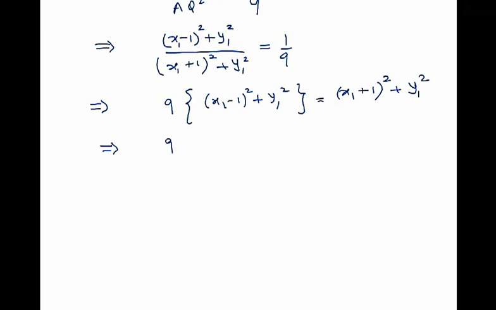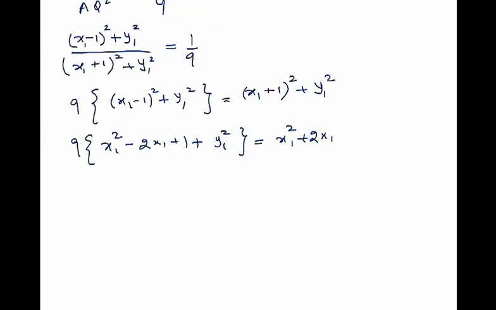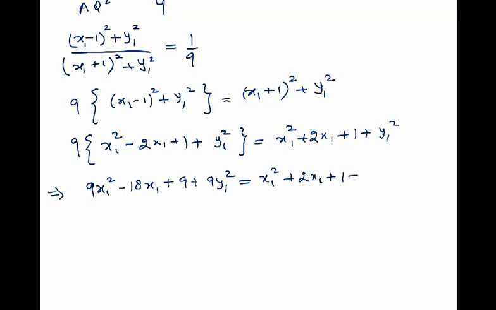Let us simplify this. That will give 9 times (x1 square minus 2x1 plus 1 plus y1 square) equal to x1 square plus 2x1 plus 1 plus y1 square. That gives 9x1 square minus 18x1 plus 9 plus 9y1 square equal to x1 square plus 2x1 plus 1 plus y1 square.